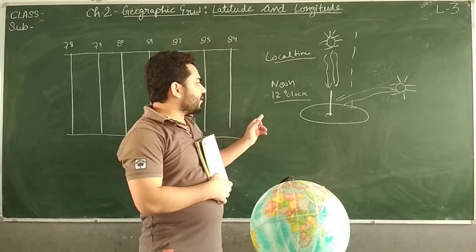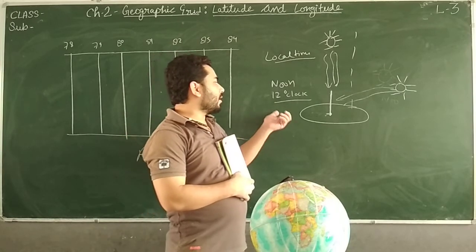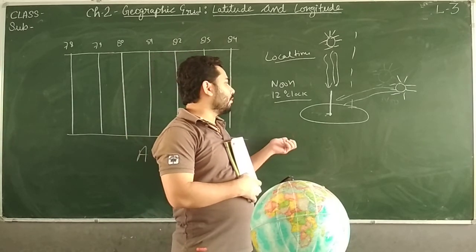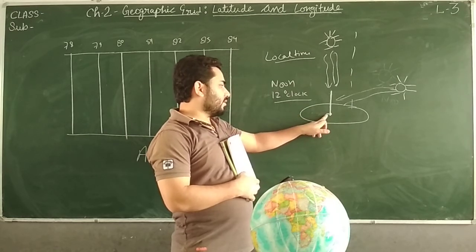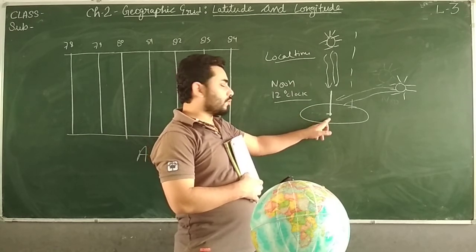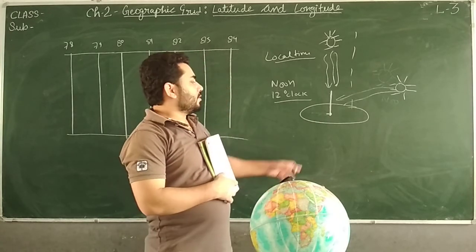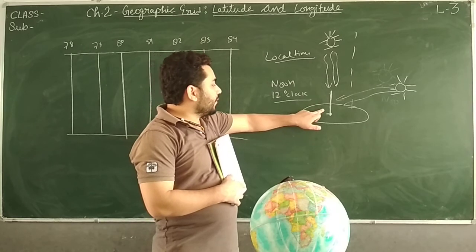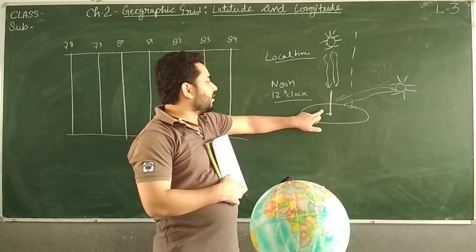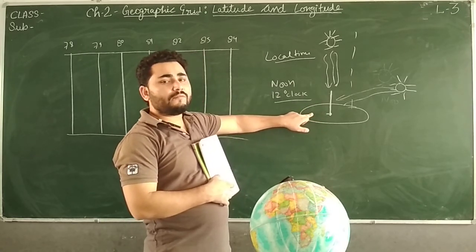Your watches may be showing 12:30 or 12:40 or 1 o'clock, but the shadow is shortest at actual noon, so the local time will be 12 o'clock.